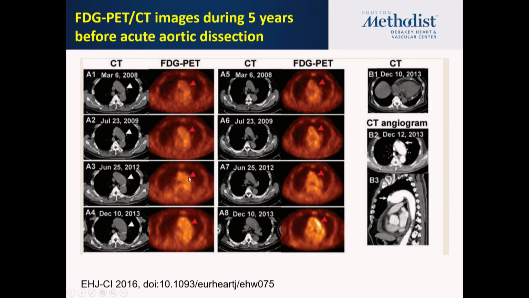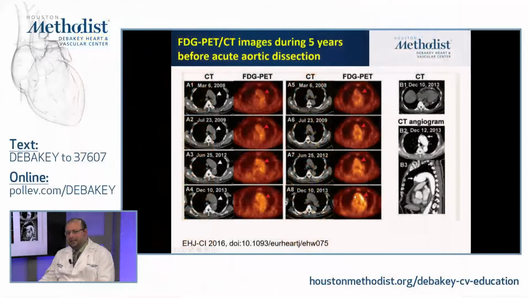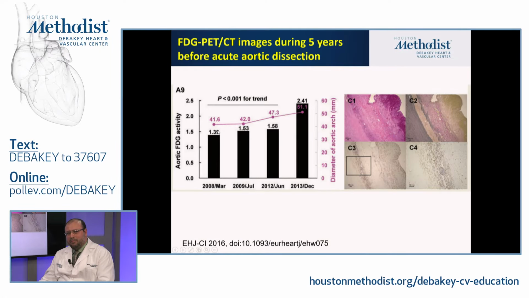You might argue that there might be a minor increase, but then at the time of dissection it went up significantly as a signal. So there was nothing before that. And you can see here when they plot it, the uptake was very minimally increased.